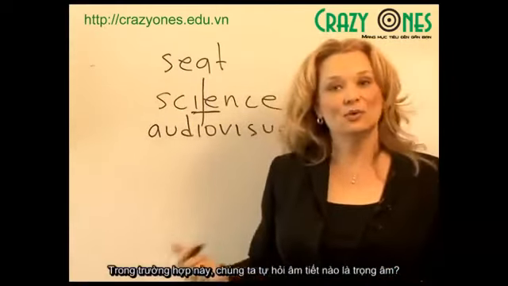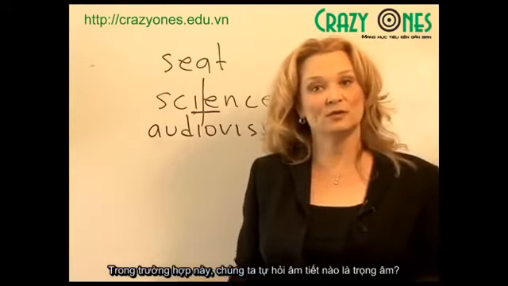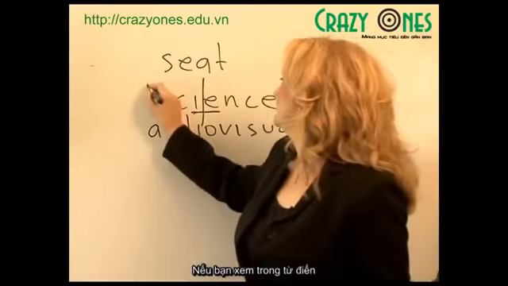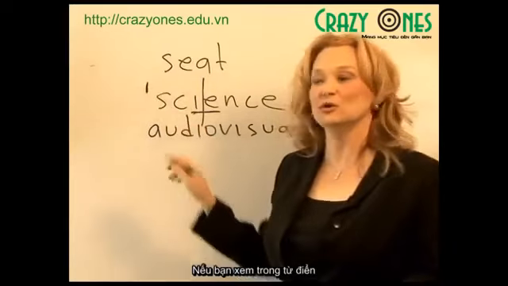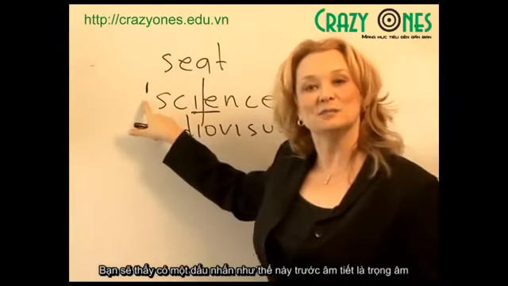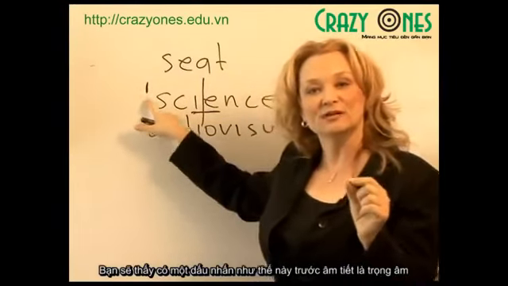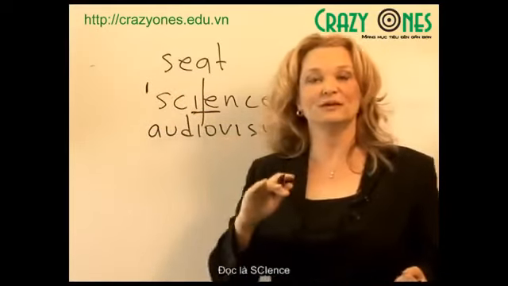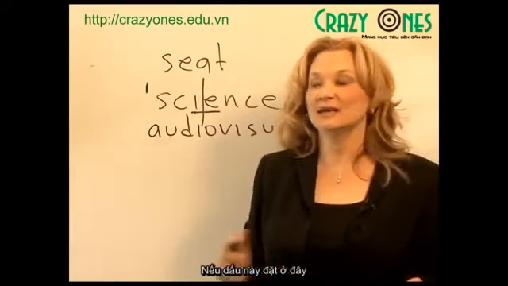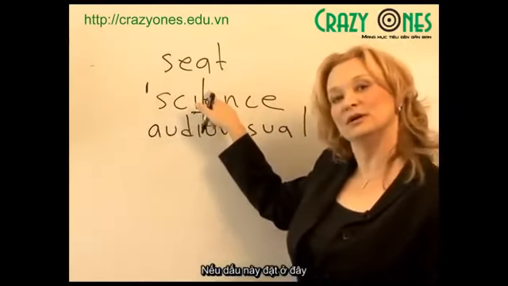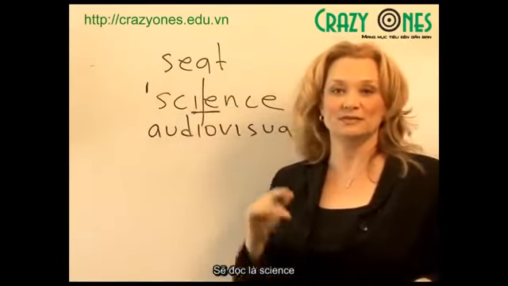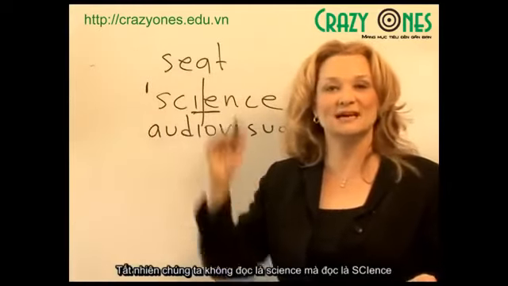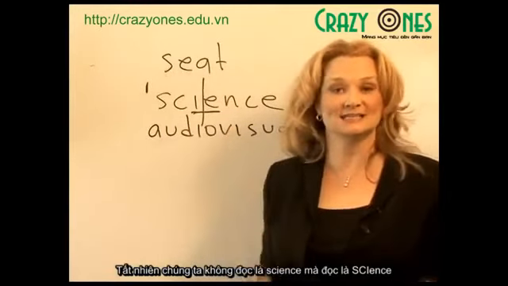In this case, we need to ask ourselves which syllable is stressed. If you look in your dictionary, you will see a little accent mark like this in front of the syllable that should be stressed. In this case, it's the first one. It would be SI-ence. If this mark were located over here, the pronunciation would have to be si-ENCE. And of course, we don't say si-ENCE, we say SI-ence.